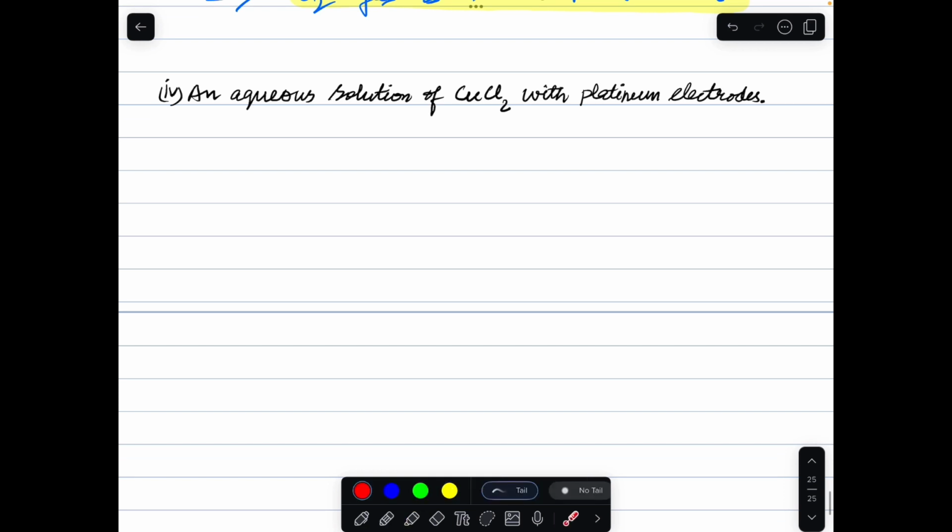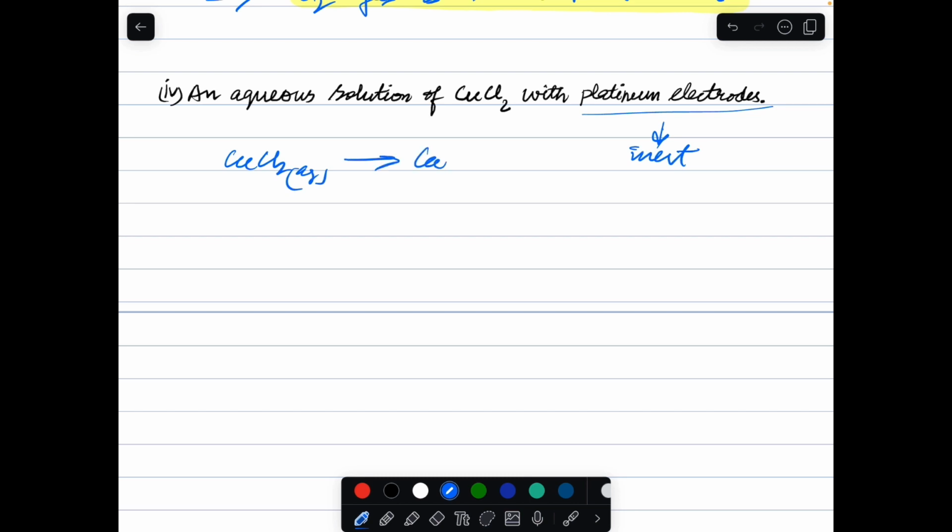Now the next question, an aqueous solution of CuCl2 with platinum electrode. Platinum electrode, again the inert electrode. So we will write down the reaction again. First we will show the dissociation of CuCl2 in aqueous medium. We are having Cu2 plus aqueous and 2Cl minus aqueous.